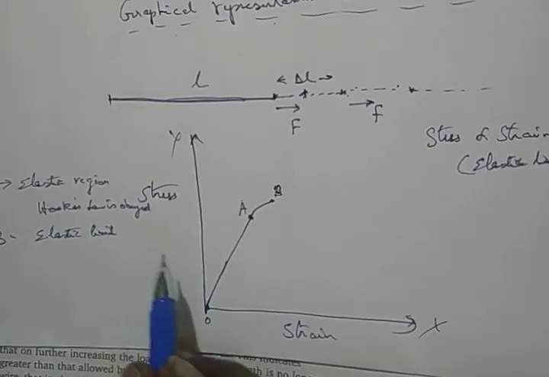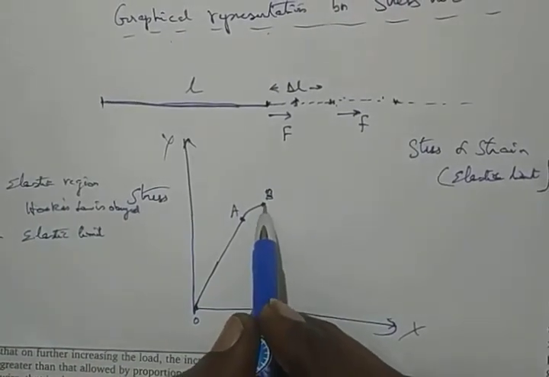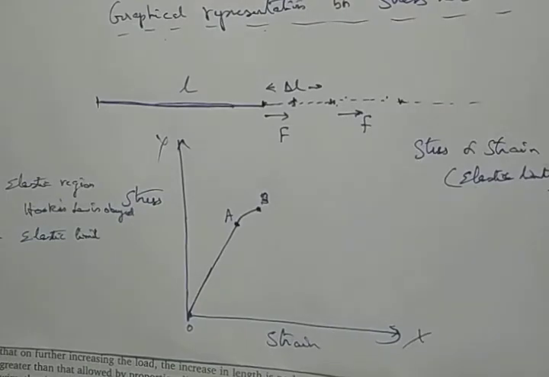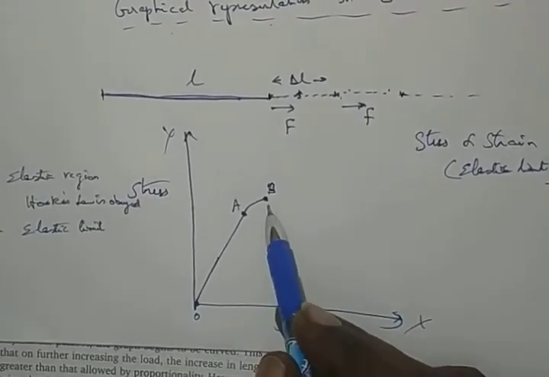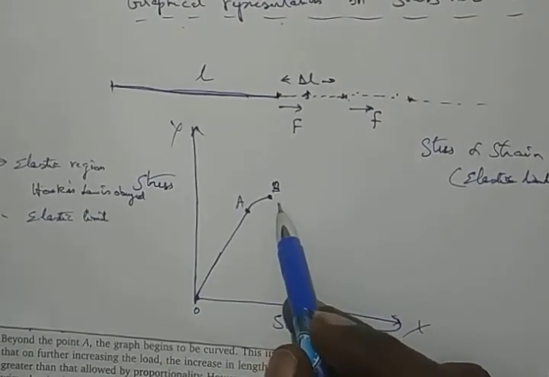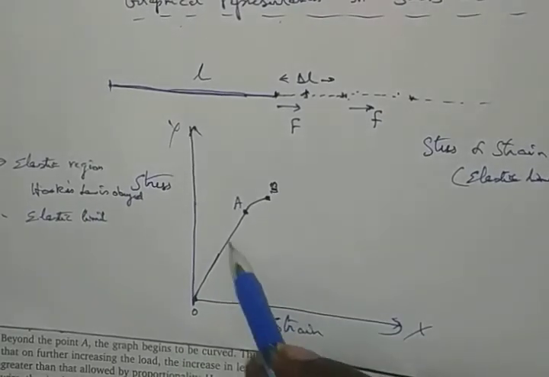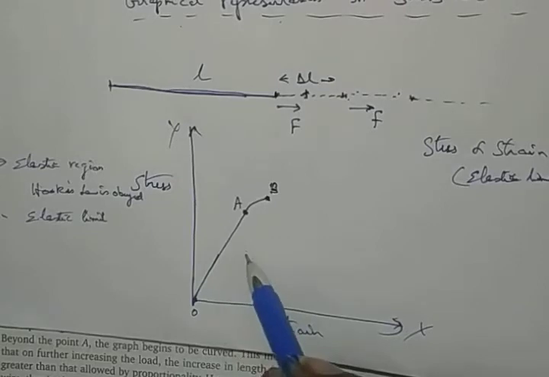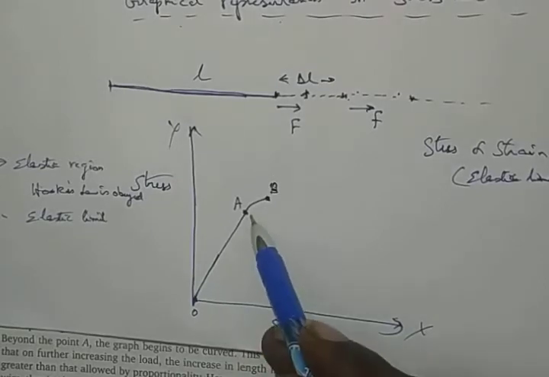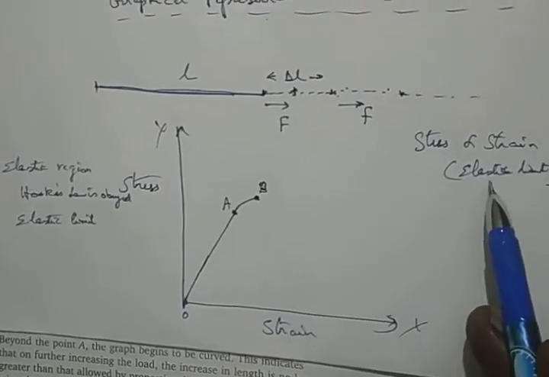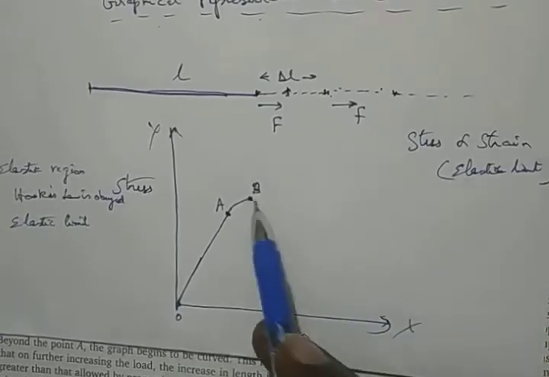That means you are going to the maximum limit now. You cannot go beyond this. If you keep on giving stress, that particular body can take only that much. Look at this: it no longer has proportionality, there is a little more change. This is what elastic limit means. B is the point of elastic limit.